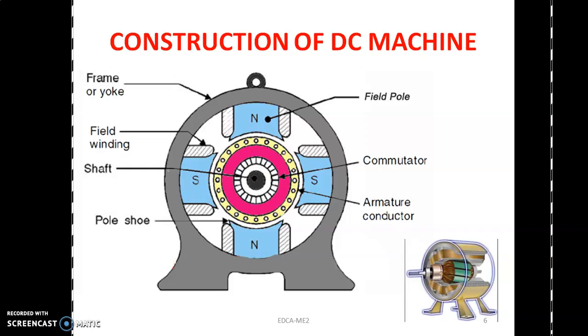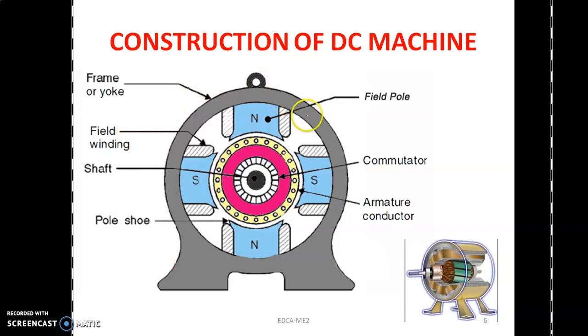So according to Faraday's law, whenever a conductor cuts a magnetic flux, an EMF is induced. In order to generate an EMF, a conductor should be there, a magnetic field should also be there, and the conductor should cut the magnetic flux.